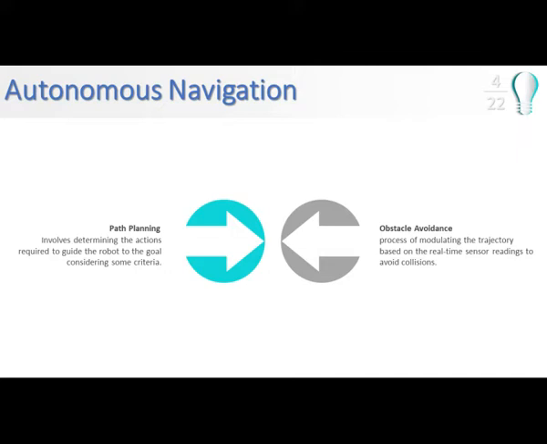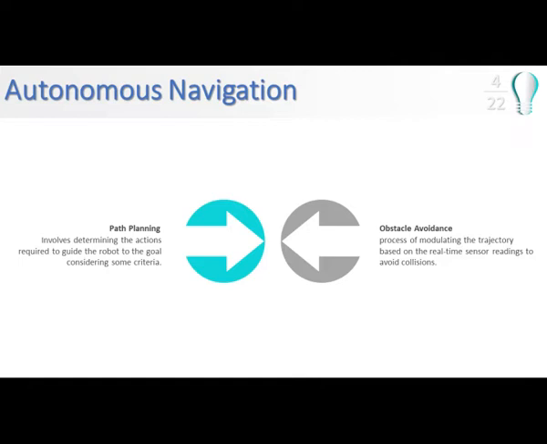Path planning is the process of finding the best path for going from point A to point B, and obstacle avoidance is the process of modulating the trajectory based on real-time sensor readings to avoid collision. Obstacle avoidance is the most important factor in this navigation part, because it's obvious that not avoiding collisions can lead to not getting to the predefined destination.